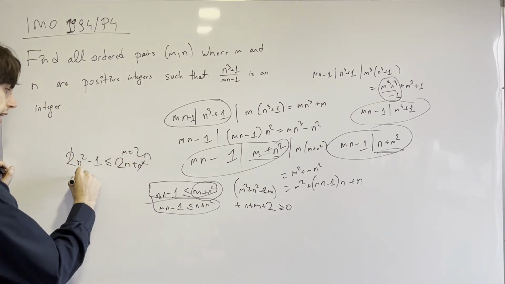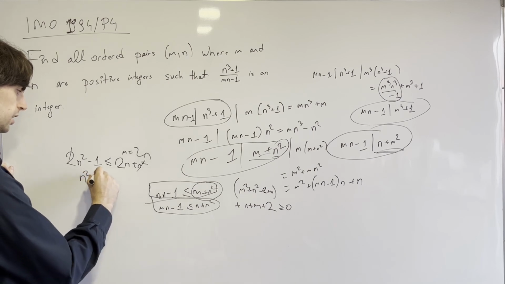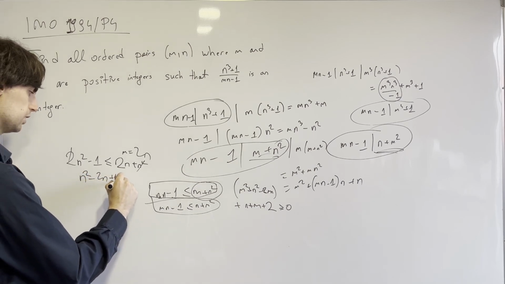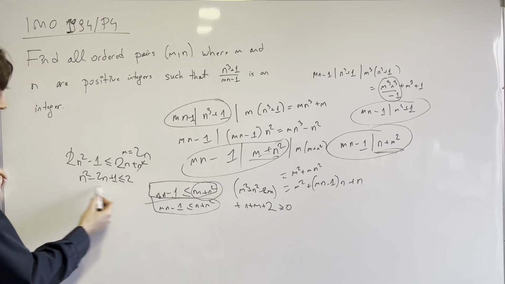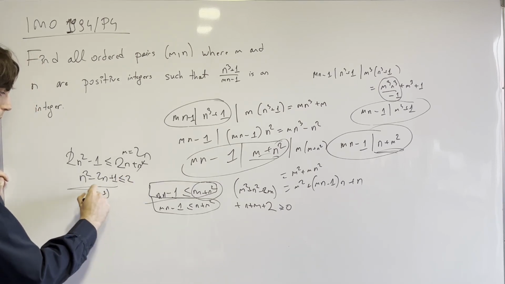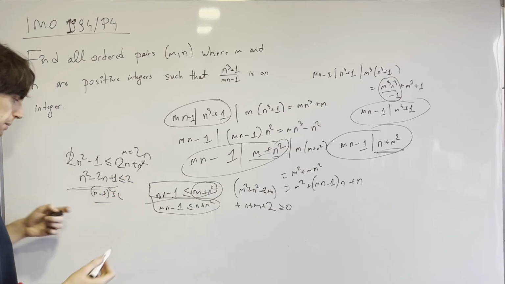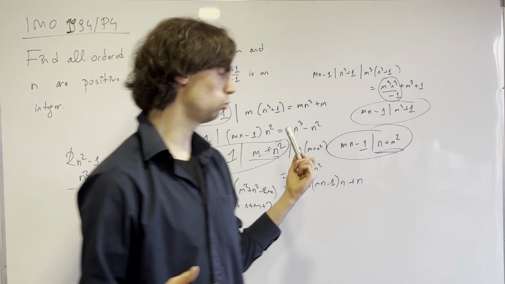Kaboom, kaboom, and I get n squared minus 2n plus 1 less than or equal to 2. This constrains, this is n minus 1 squared less than or equal to 2. That means n is either 1 or 2 here.